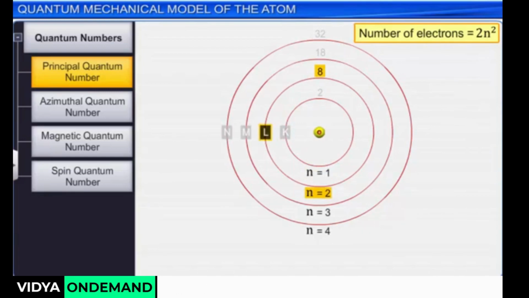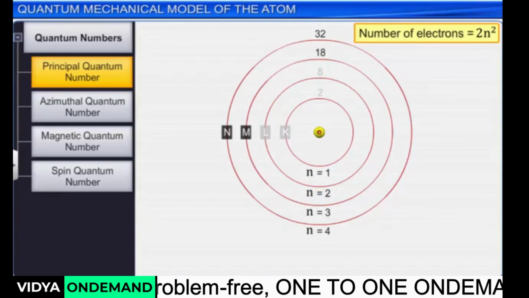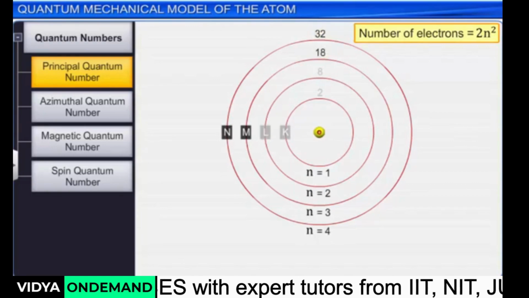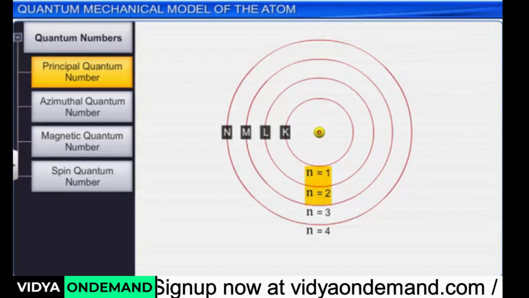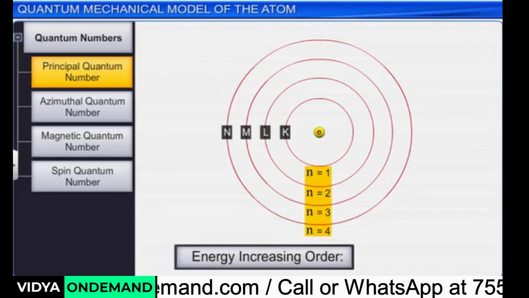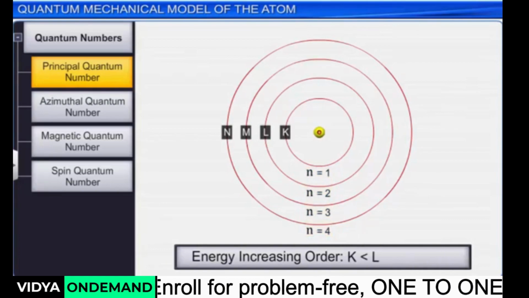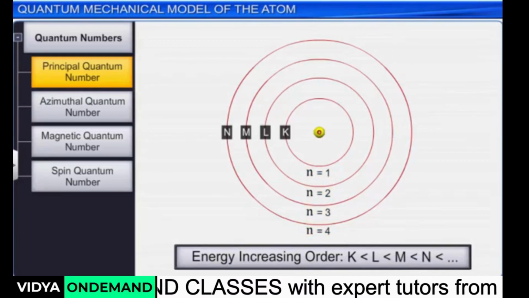The number of electrons in M and N shells will be 18 and 32 respectively. As the energy increases with the increase in n, the energies of the various shells follow the sequence K < L < M < N < and so on.